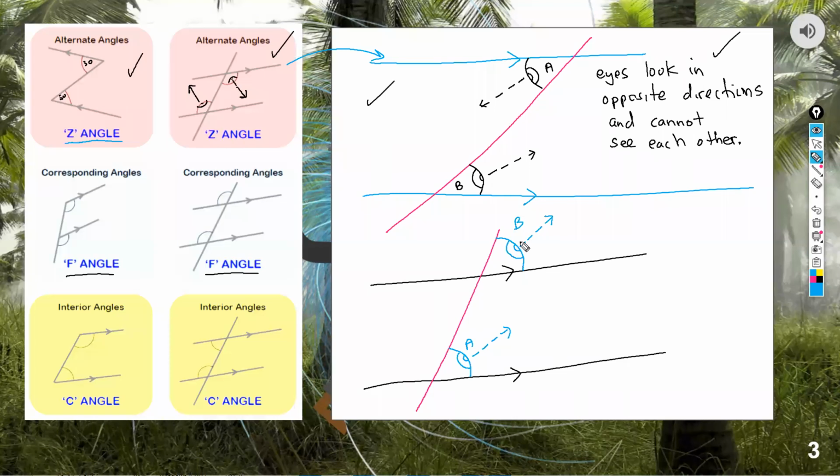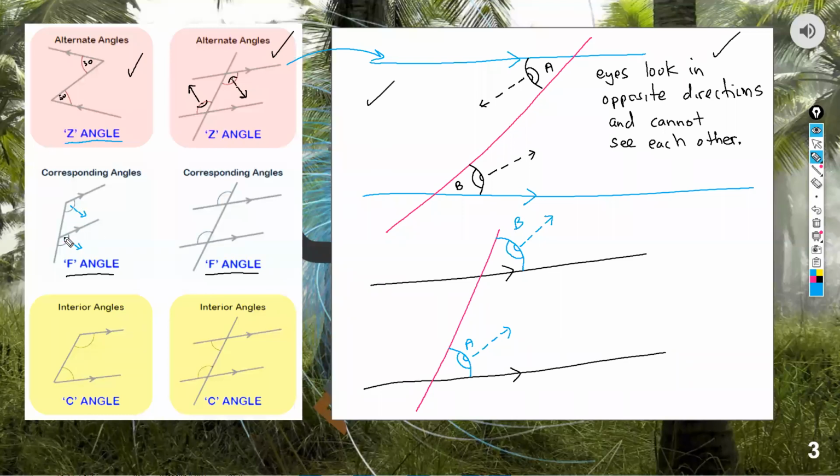All right? So in corresponding angles, you have to know the situation. You see these two angles, A and B, they will also be equal. So if this one is 42 degrees, this one will also be 42. Let's go back to these diagrams here. This eye is looking this way, and this eye is looking this way.